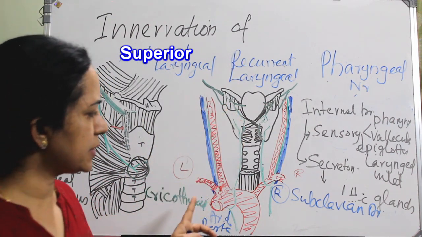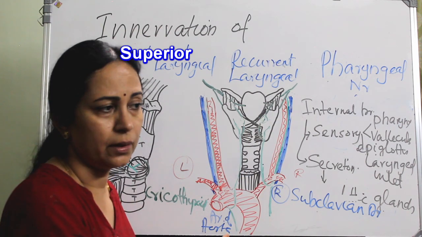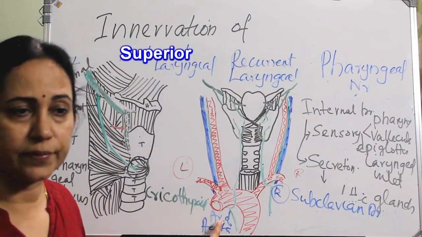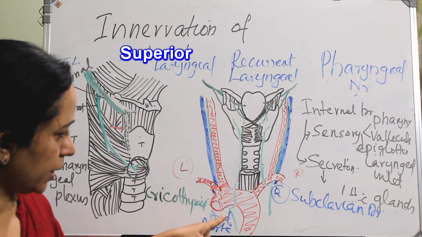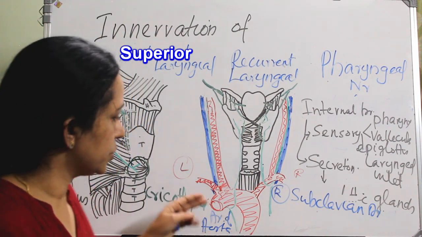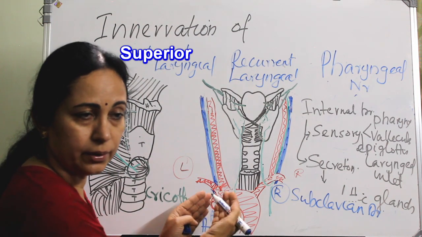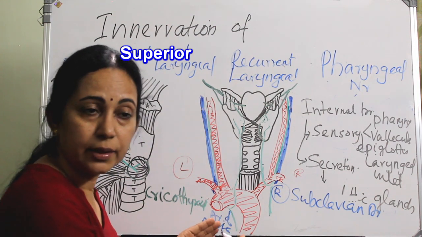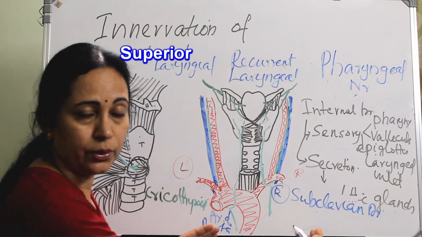Okay. So which side is longer? Definitely it is the left side. You can see that it goes down, loops around the arch of aorta and then ascends. So the course of the recurrent laryngeal nerve on the left side is longer than that on the right side.